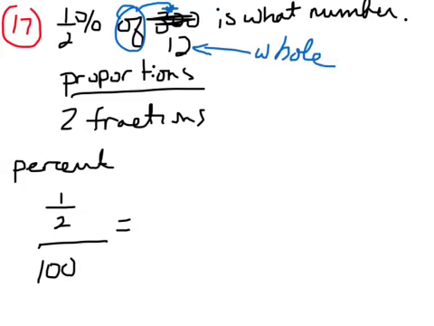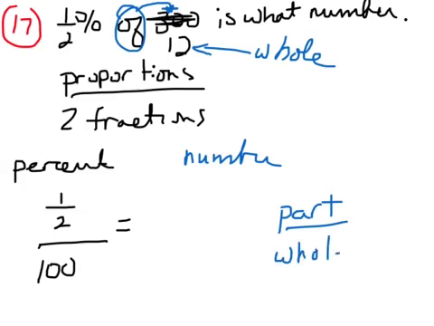Because remember, those of you who had me before, you make the percent fraction and it's part to whole, and then you have your number fraction and it's also part to whole because a percentage is part out of 100, so it's a part to whole. The whole is just always 100. But over here, if I know that the whole comes after the word of, and if you think about it, it makes sense. They're telling you, well, what's part of that 12 there? Well, 12 would be your whole.